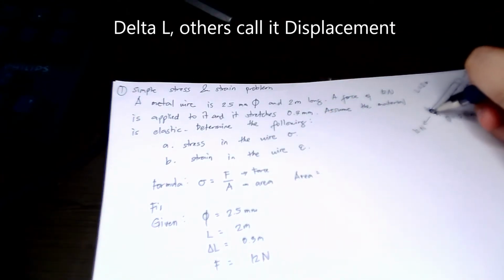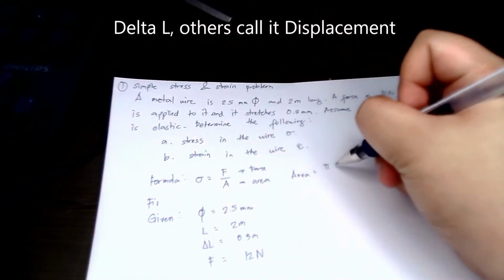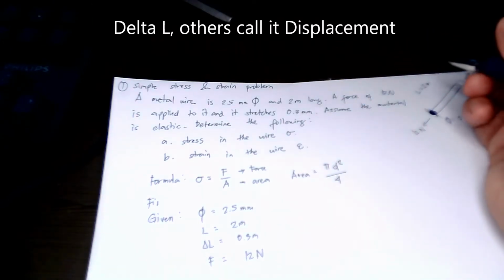Assuming that it is not hollow, the formula is pi d squared over 4.